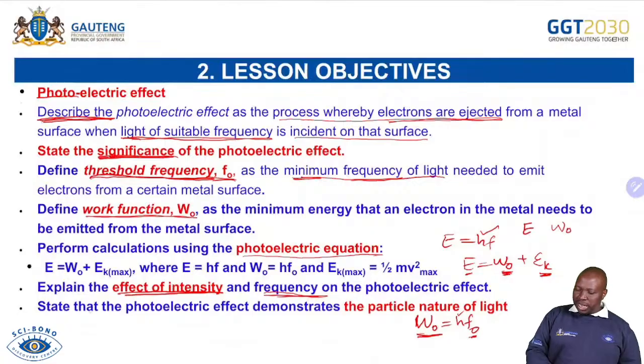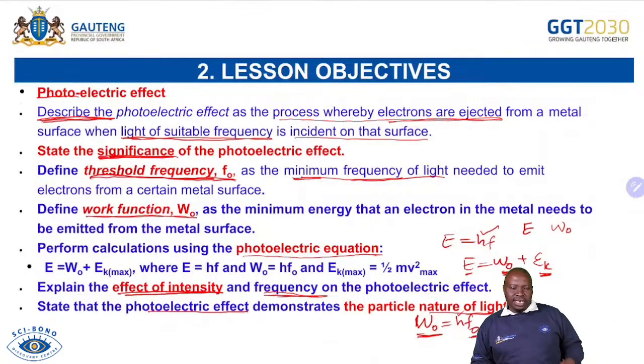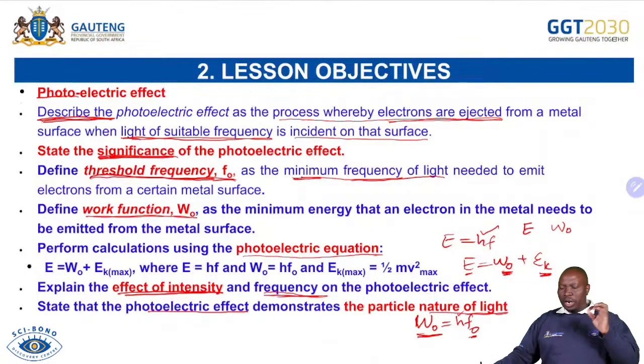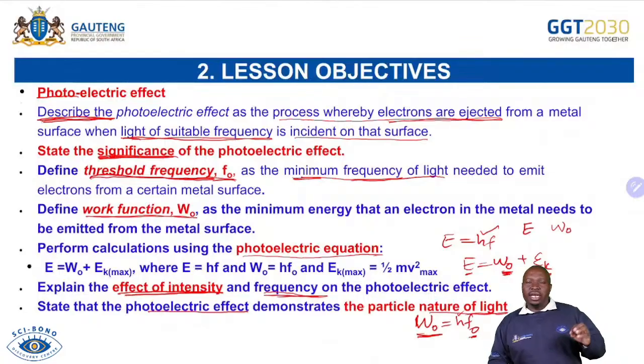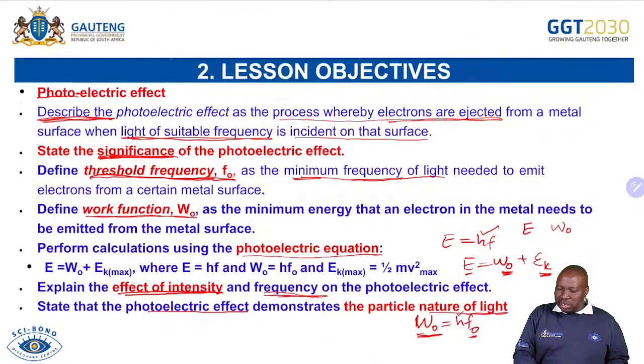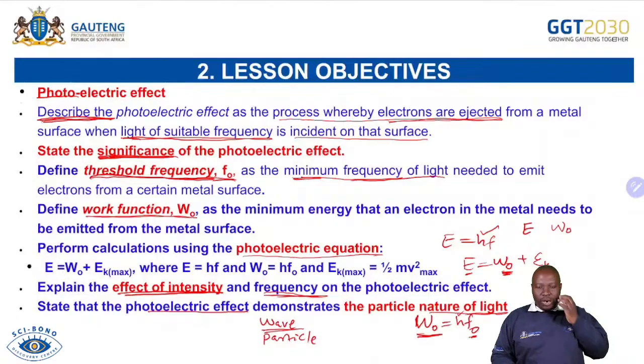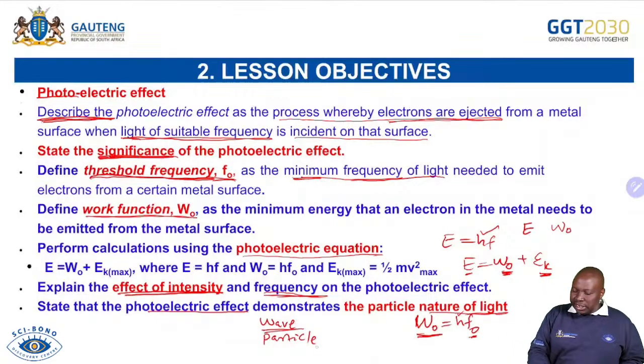And we must be able to state that the photoelectric effect demonstrates the particle nature of light. Remember, light has dual nature. What does that mean? We're saying light can exist as a wave or as a particle. So that is the dual nature of light. When we talk about the photoelectric effect, we're talking about light as a particle.